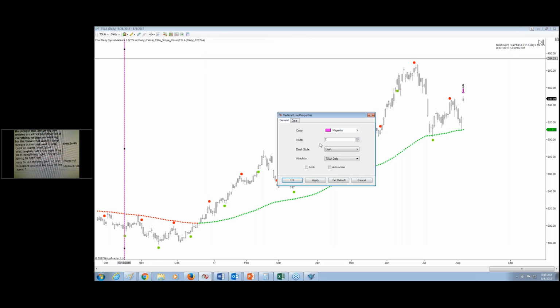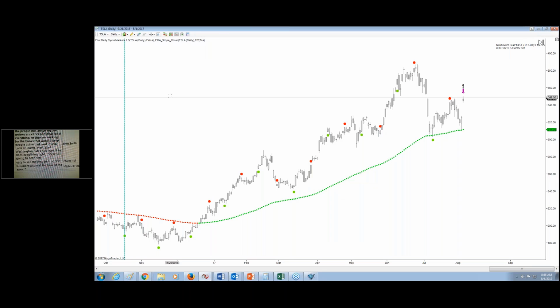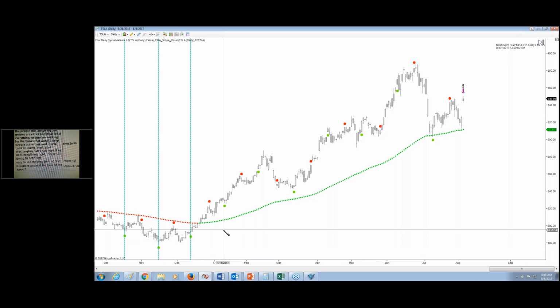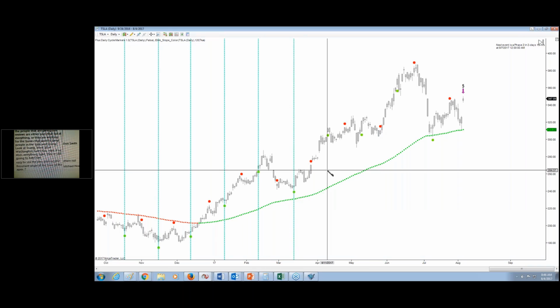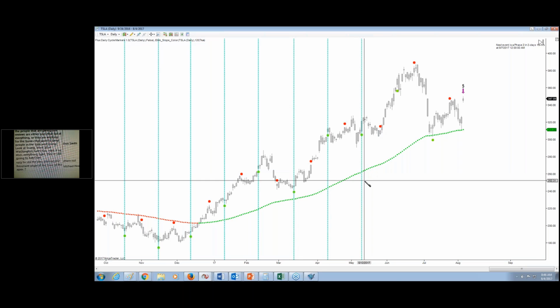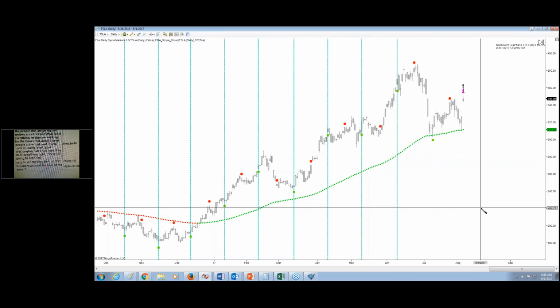Should probably make it green, right? Phase 2 is coming on Monday, and it's coming in as a higher high.